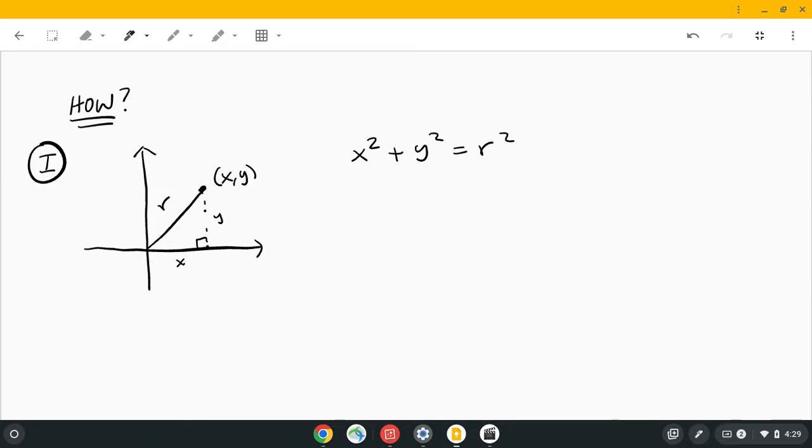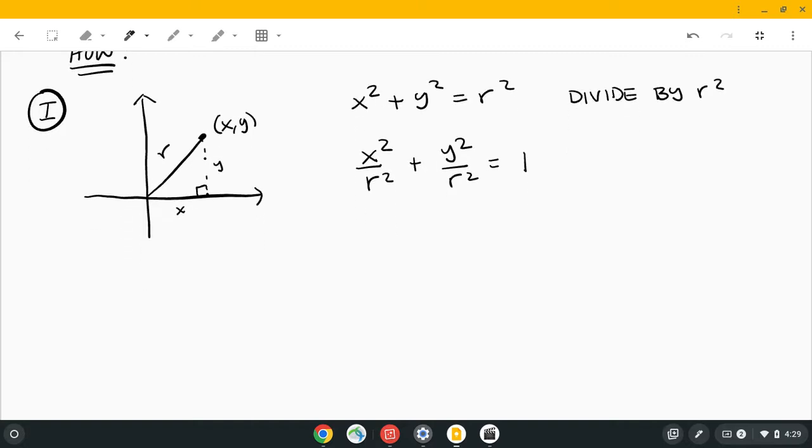We know that for right triangles. So what I'm going to do now is divide both sides of this equation by r squared. And what happens is I will get x squared over r squared, y squared over r squared, and then r squared over r squared, which is 1.